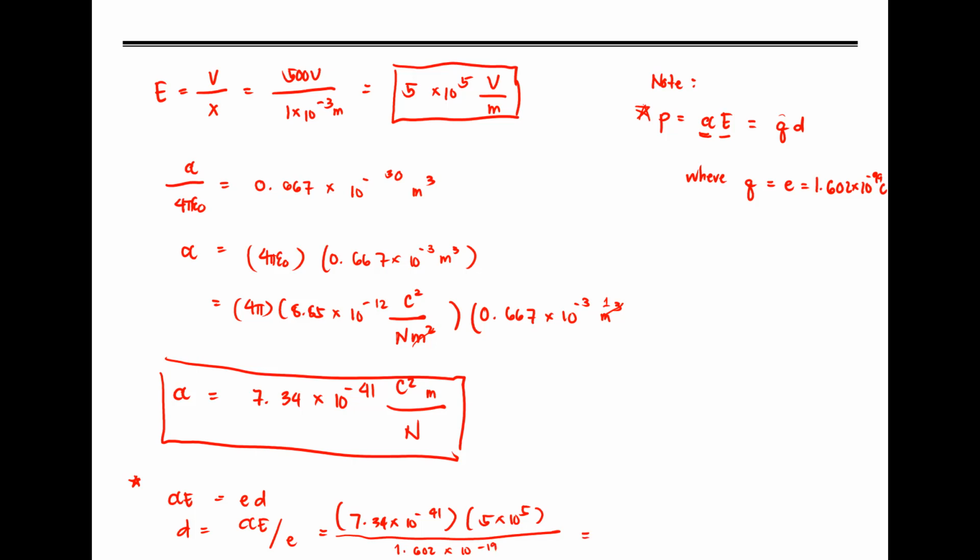So this is equal to 2.29 times 10 to the minus 16 meter. Okay, so this is so small. The displacement of the nucleus or the proton is equal to this one. It is very small, 2.29 times 10 to the minus 16 meter.